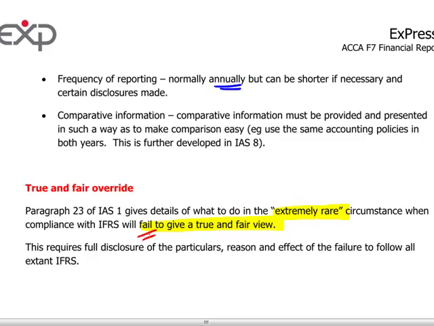If this happens though, full disclosures should be given in the notes, along with the reason and the financial effect of failure to follow whatever IFRS covers the respective transactions.